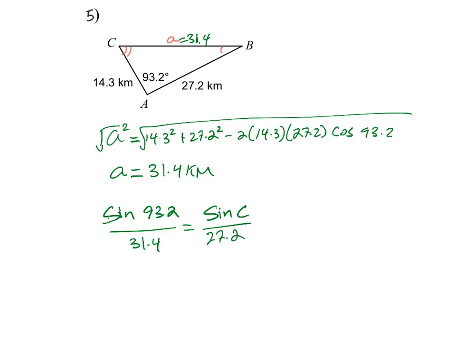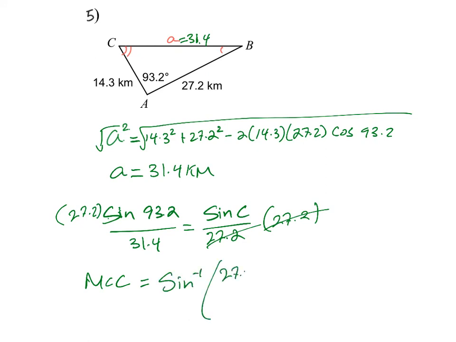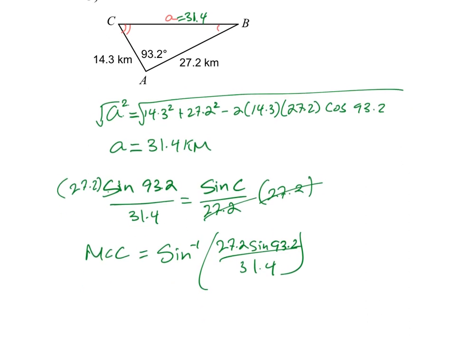Right. So I'm going to multiply by 27.2 on both sides. Right. So it cancels out here. And then the angle C is going to be the inverse sine of 27.2 times sine 93.2 over 31.4, right? So we're going to find that on the calculator.